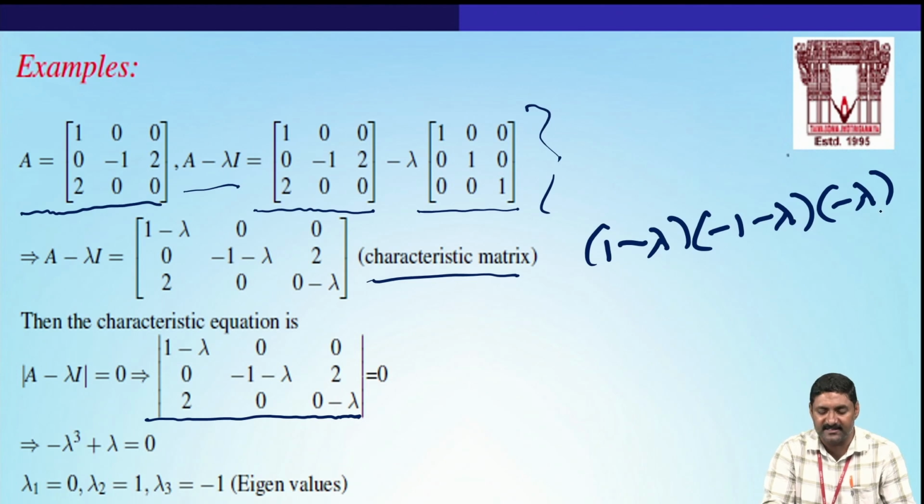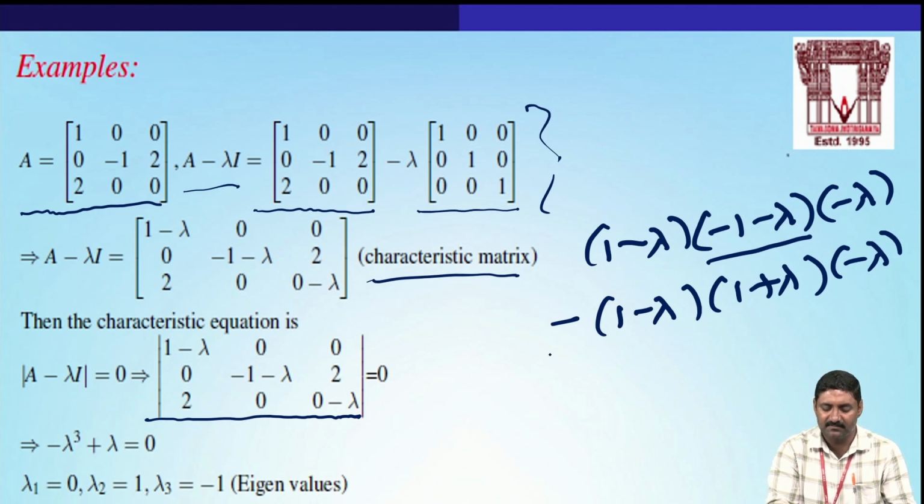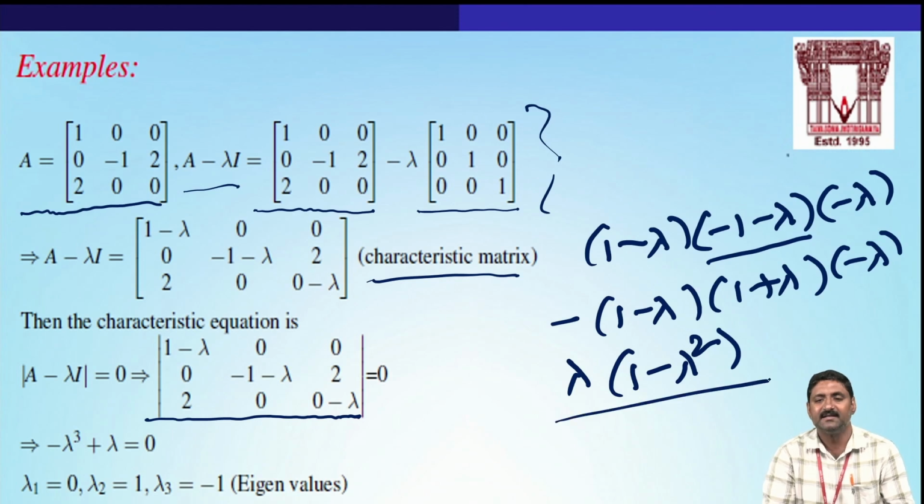Now I will simplify this. From this take out minus as common, I will get minus 1 minus lambda into 1 plus lambda multiplied by minus lambda. From this I will write minus into minus, plus lambda into 1 minus lambda into 1 plus lambda, which gives 1 minus lambda square. So we will call this the characteristic polynomial.